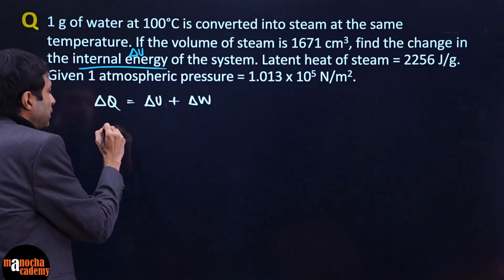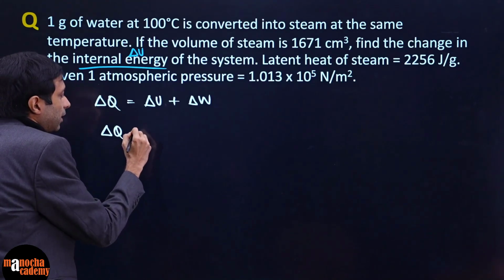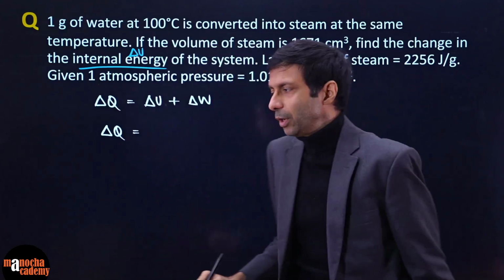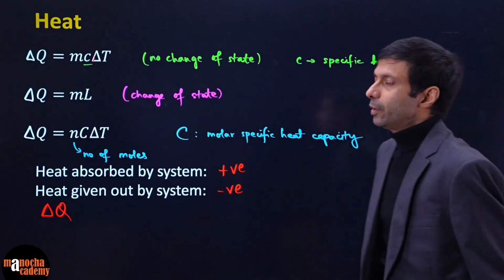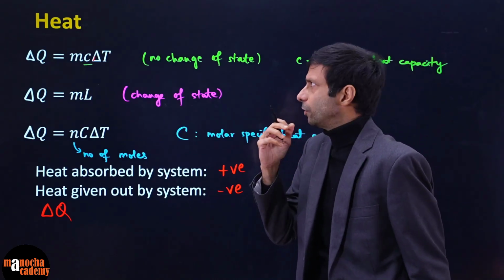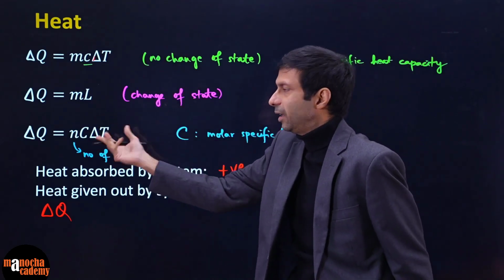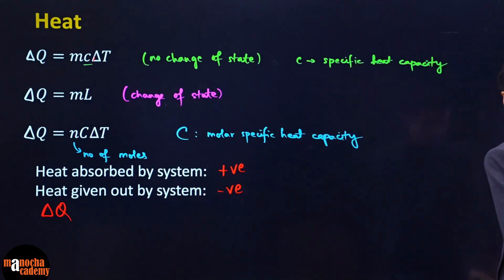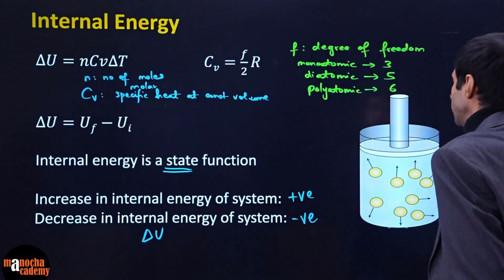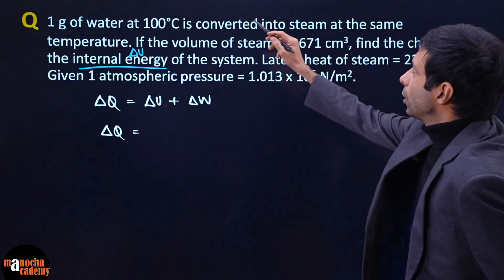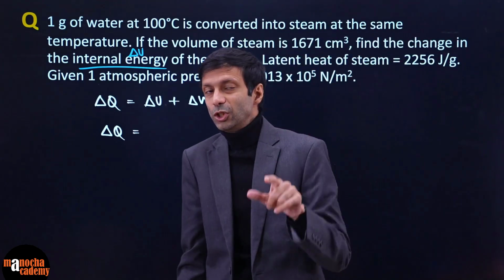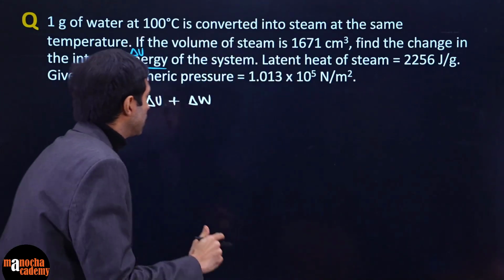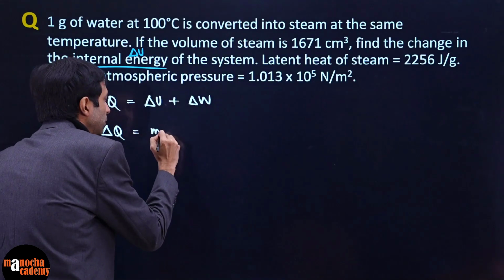Now the question is, how much is the heat supplied? How do we calculate that? Remember we had looked at some formulas for heat supplied delta Q. See which one will be useful for you. For this question, will you use mC delta T, mL, nC delta T, which one? If you look at the question carefully, it clearly says that water is being converted into steam. So there is a clear change of state. During change of state, we said we will use m times L, right?